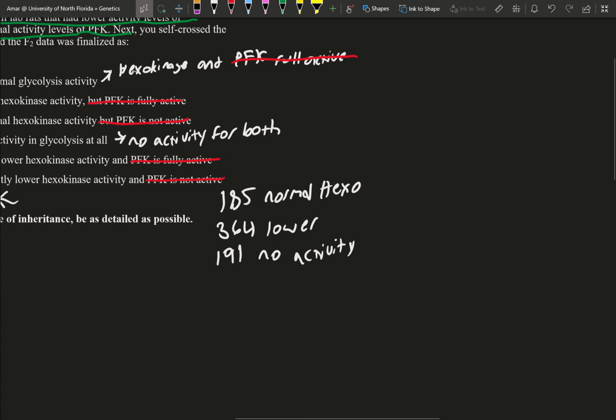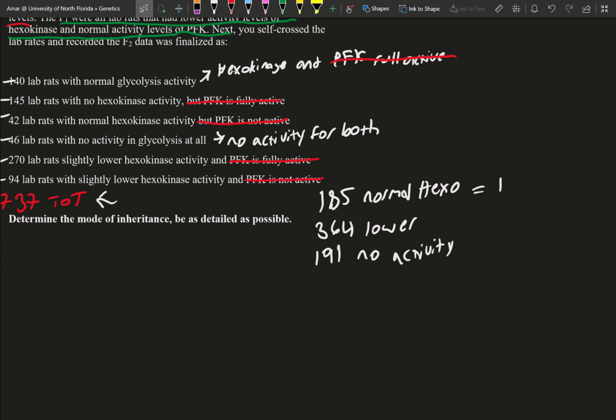So we get a ratio that is equal to 1 over here. Next, we're going to do the exact same thing with 364. We get a ratio that is equal or closer to 2. And then 191, we get a ratio that is closer to 1.